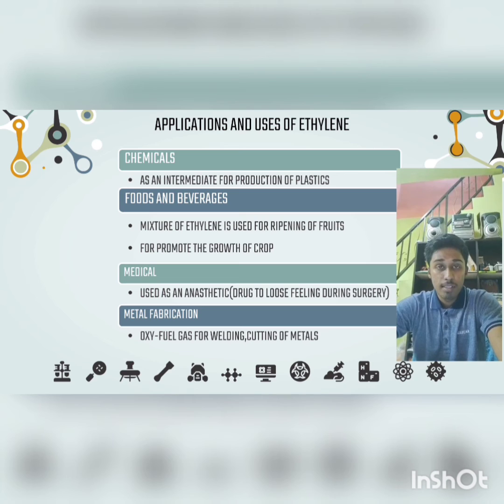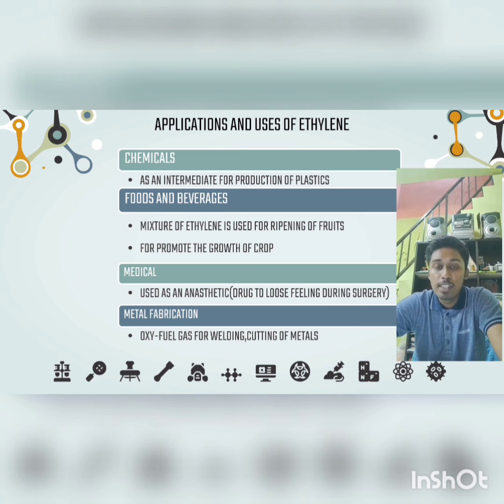Okay, let us discuss the last subtopic in our last slide, which is the application and uses of ethylene. There are various applications and uses for ethylene because, as I said earlier, ethylene is widely used in every part of the world because of its characteristics.